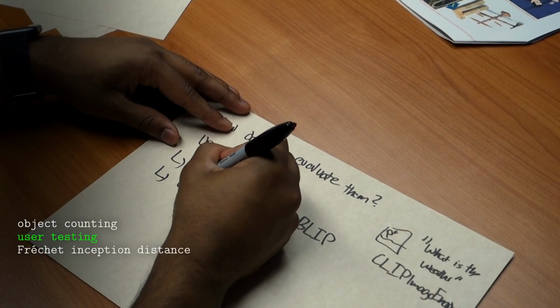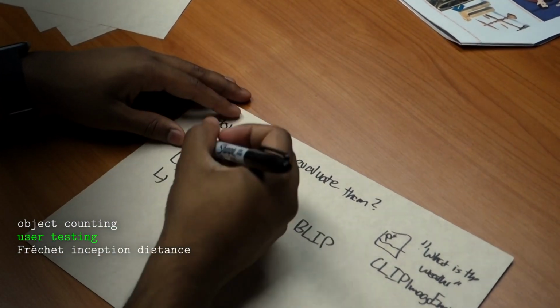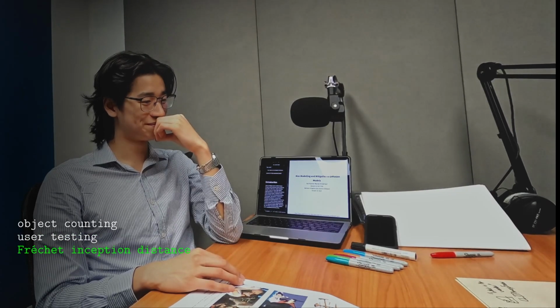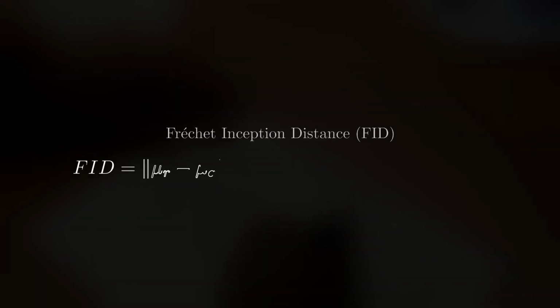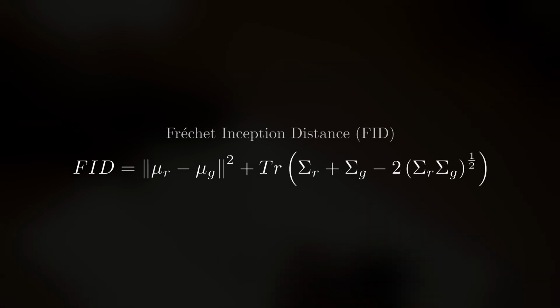Another thing is user testing. Do they prefer this over another model? So a human being sitting there does a study. And the other one is the Fréchet Inception Distance, which is some really complex measure. It's a lot of probability theory.